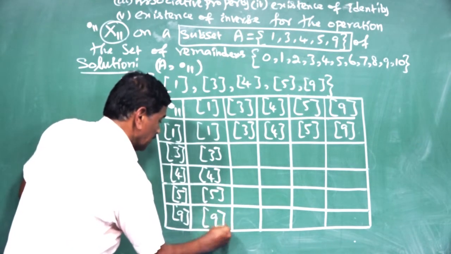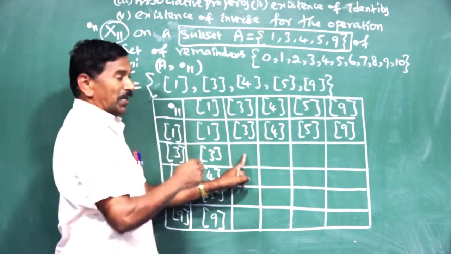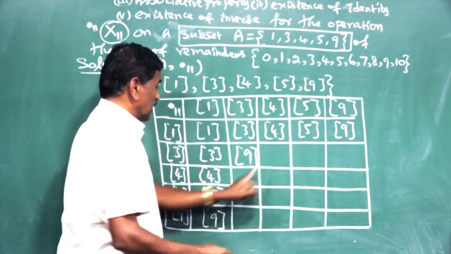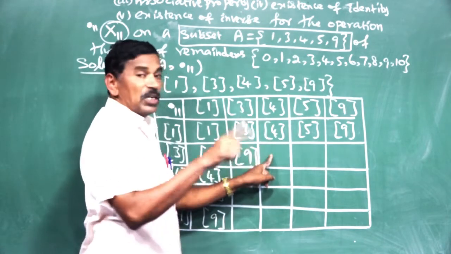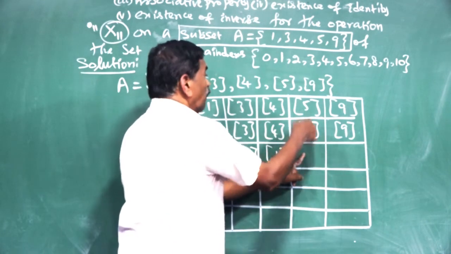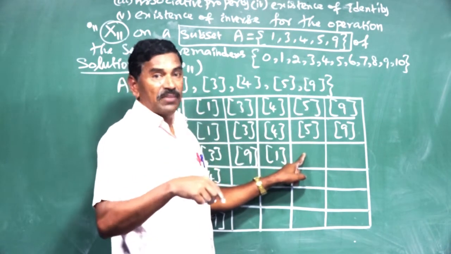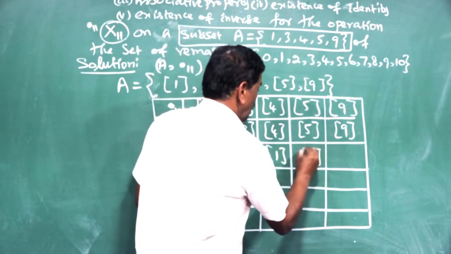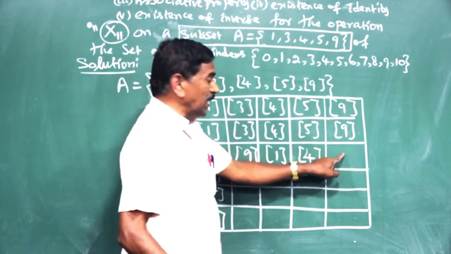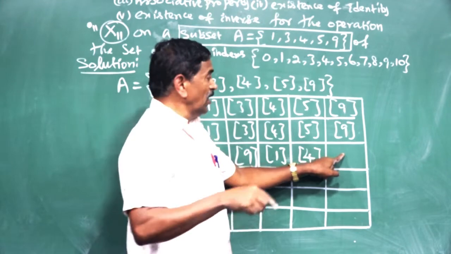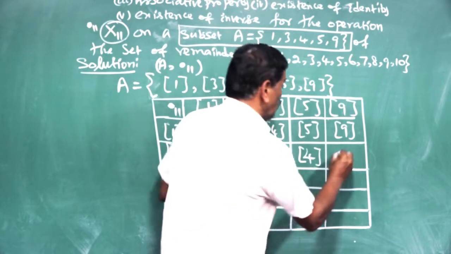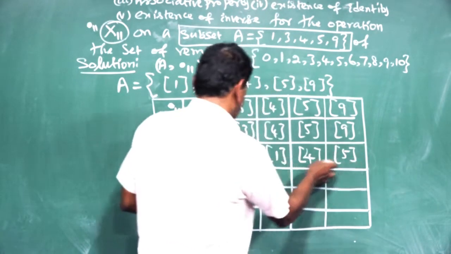Come to here: 3 3s are 9 because the operation is multiplication. 9 belongs to the set. 3 4s are 12, 12 minus 11 equals 1. 3 5s are 15, 15 minus 11 is 4. 3 9s are 27, 27 minus 22, because multiples of 11, is equal to 5.